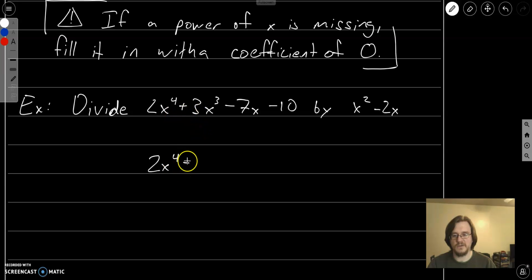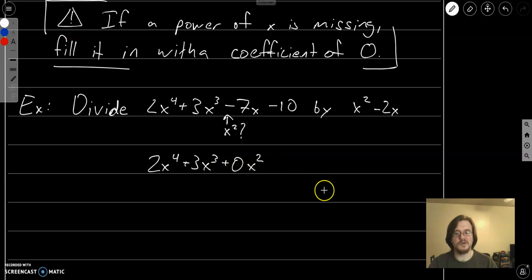So we have an x to the fourth, we have an x to the third, and then there's no x squared here. The x squared term is missing. So I need to fill it in. If there's no x squared term, that's the same thing as just having 0x squared. Anything times 0 is 0. So I just need to write this in for now. And then when I'm actually dividing it should turn up.